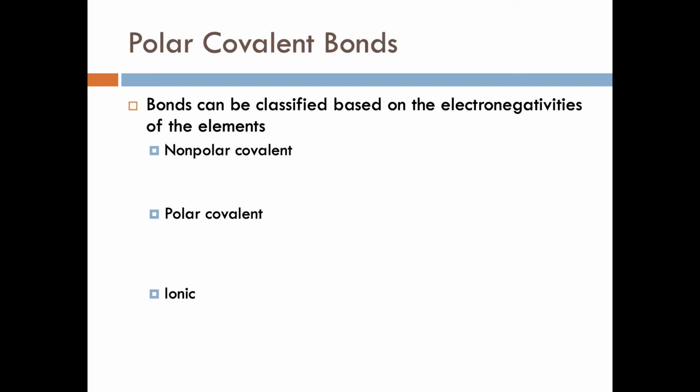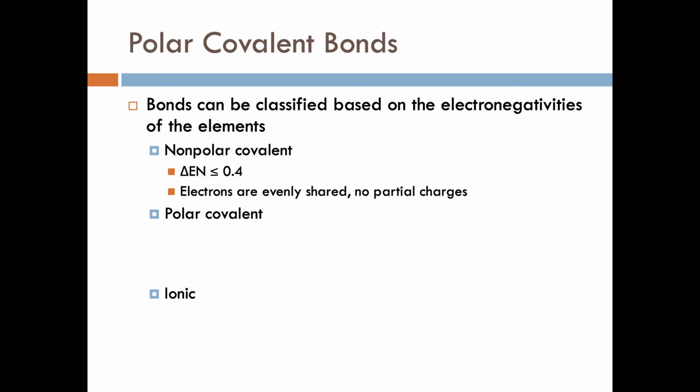And so when we talk about bonding, we can actually go more in depth than just covalent and ionic. We can take covalent and break it down into two different versions. We can have nonpolar covalent, and really that means our electrons are evenly shared. There's no partial charges on anything. This happens if the difference in electronegativity between the atoms making the bond is less than 0.4 on the chart from the previous slide.